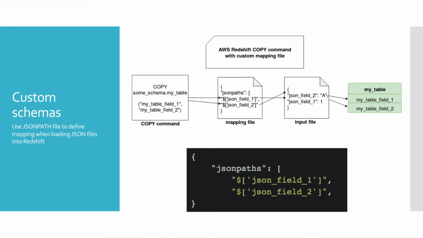Then the copy command will use that mapping file to do the conversion for you. Here's an example of the JSON path. It looks pretty straightforward.